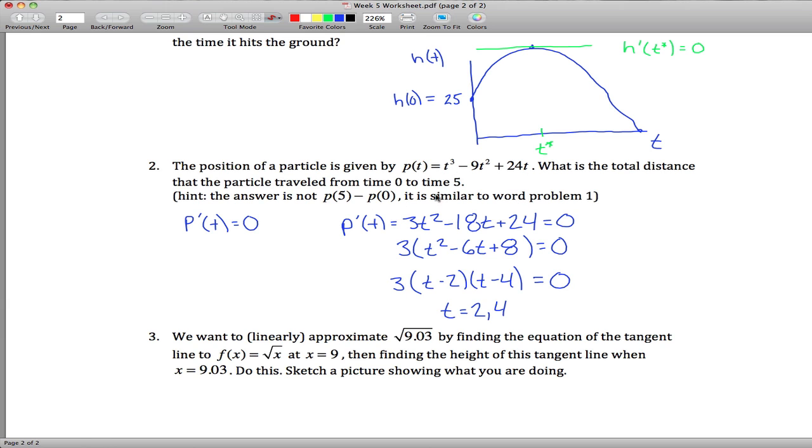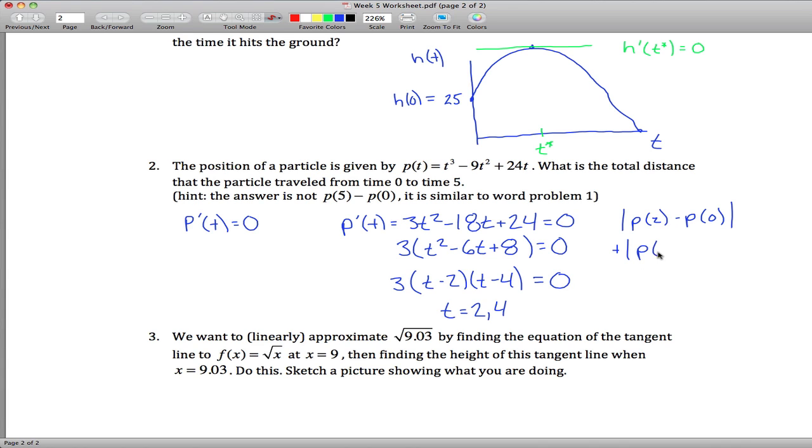So the way we'll get the total distance that it traveled is first we'll figure out how far it traveled between the initial time and time 2. I'll put these absolute value signs around this expression so that if it's going backwards, we don't end up with a negative number here. We want to add up all these distances.